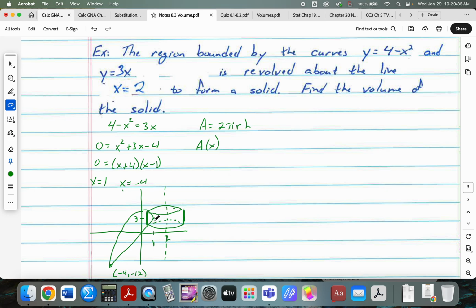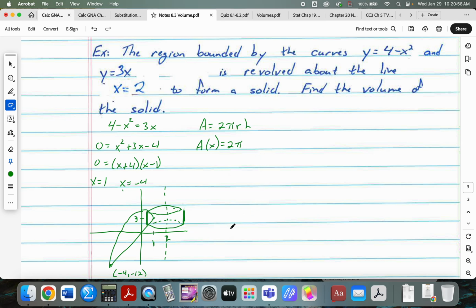Likewise, the further I move to the left with my slice, the further it is away from the line x equals 2, and so the radius gets bigger. Okay? So it's going to be 2 times pi.